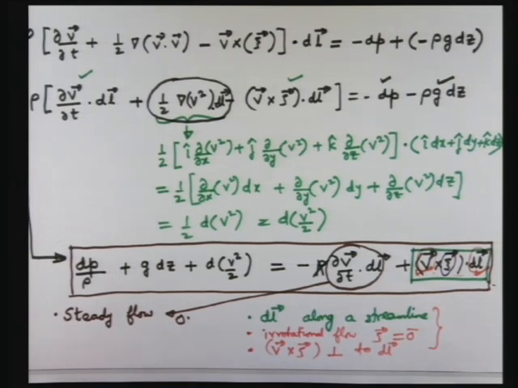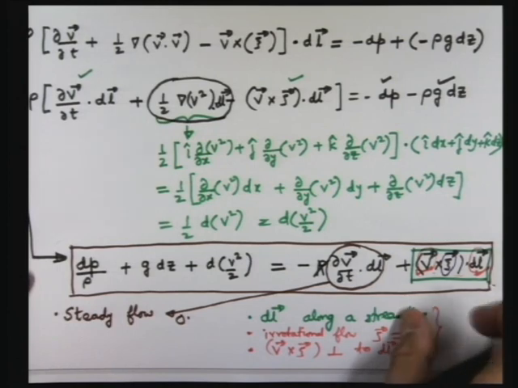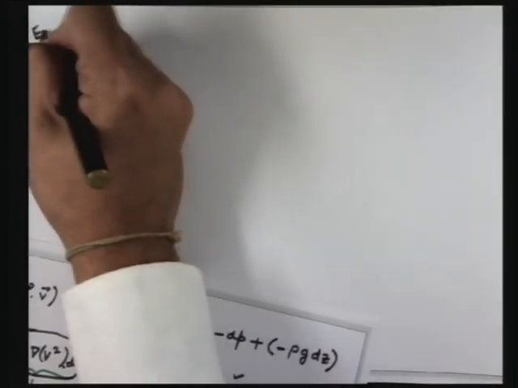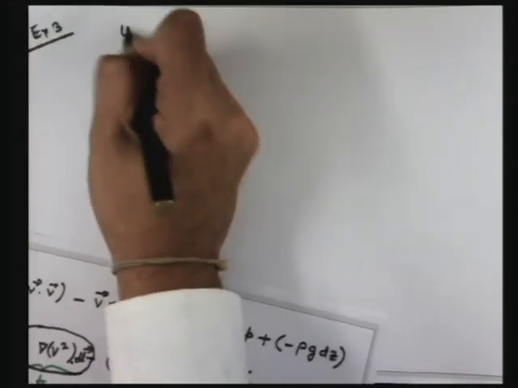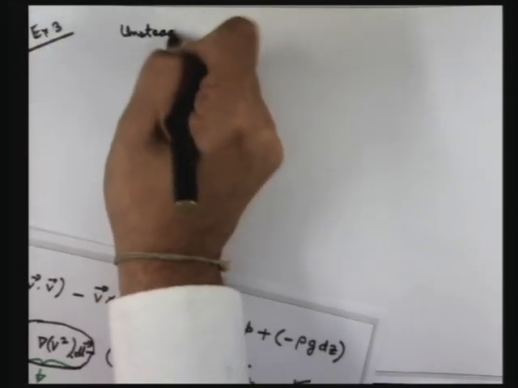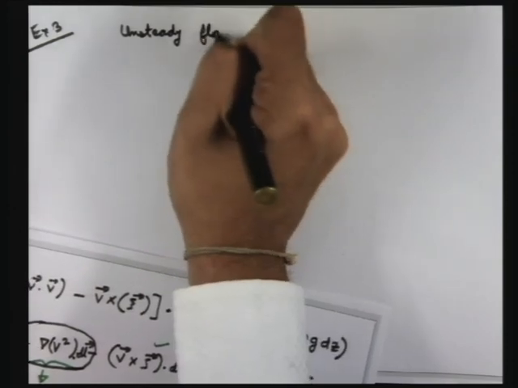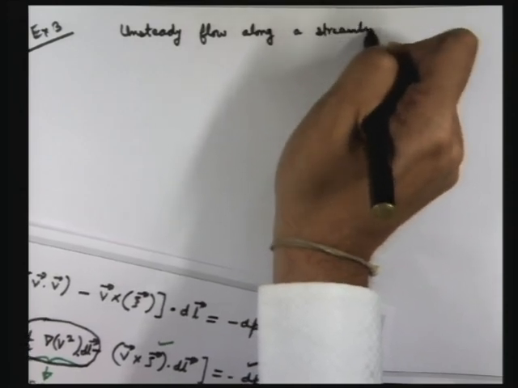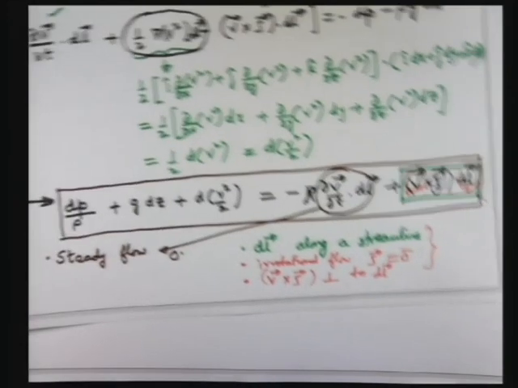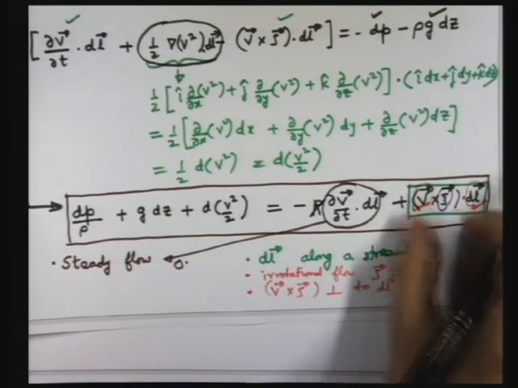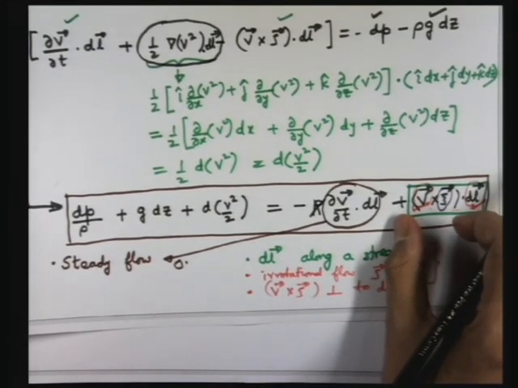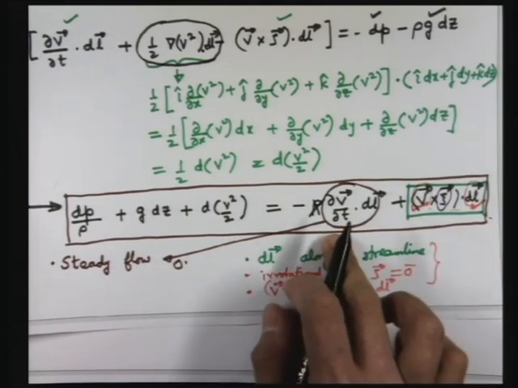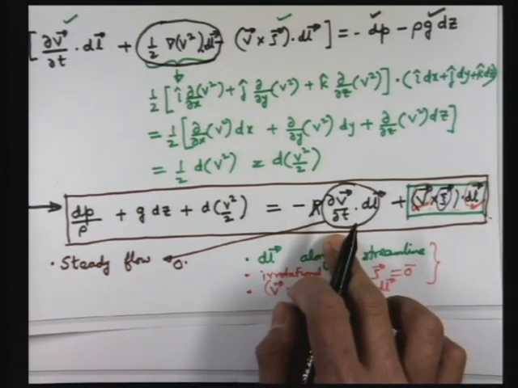So example 3, unsteady flow along a streamline. For flow along a streamline, this term in the green box is 0, that we have already discussed, but for unsteady flow this term will not be equal to 0.